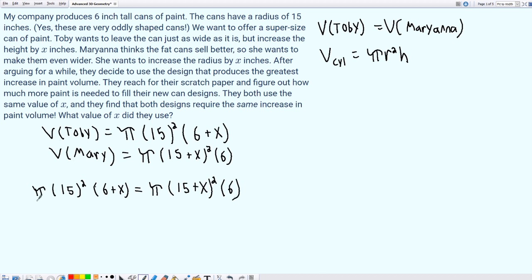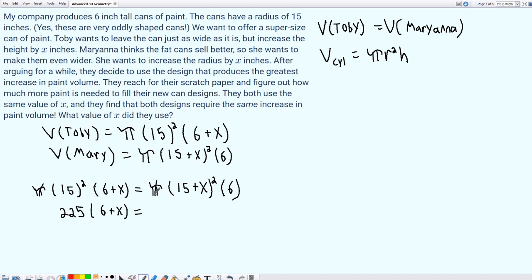Okay, well, immediately we should see that the pi on each side is going to cancel out. So we can just cross those out of our problem. So 15 squared would get us 225. And we're going to multiply that in a minute by 6 plus x, equals... Now, we would have to expand this binomial out.